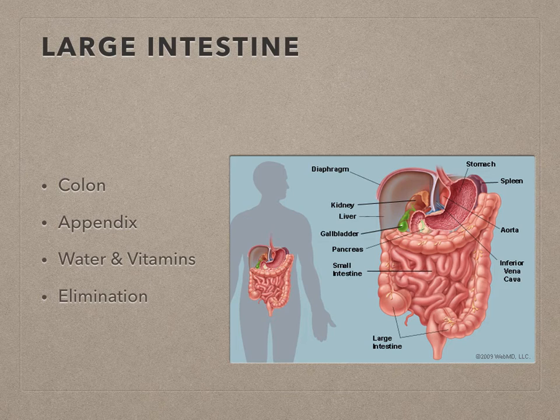In fact, part of this area, the appendix, houses lots of bacteria, and the whole colon has lots of bacteria, and these organisms work on the materials that we can't digest, and they produce some vitamins, so they do some useful things for us. But mostly what the large intestine does is it reabsorbs water and allows us to eliminate wastes. And by eliminating waste, then we move the materials that we don't want in our body out. And we do that usually 1 to maybe 2 or 3 times per day.